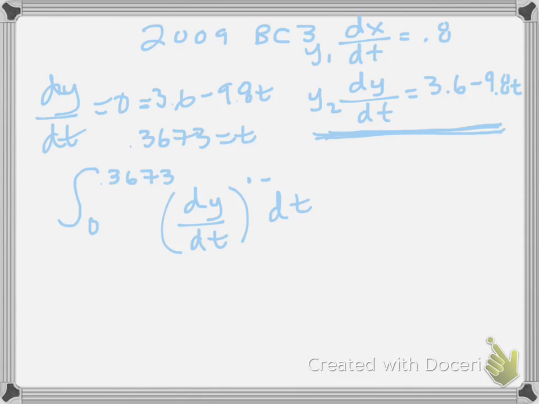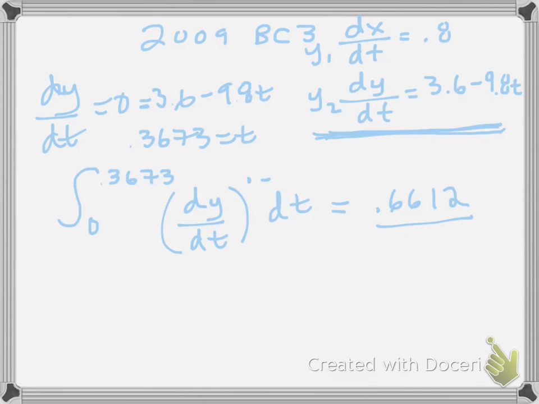If you properly integrated, you should have got 0.6612. That is the distance from 0 to 0.367, the difference in height.